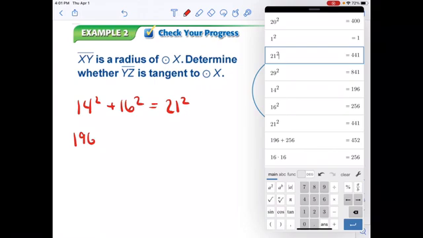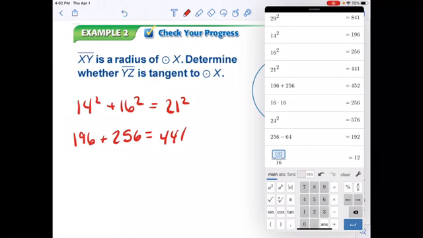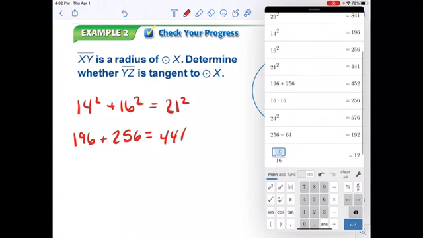We have 196 plus 256, I believe, and that should equal 441. Oh, I'm so sorry, this is 441. This is 256. There we go, that's better. So 452 does not equal 441.